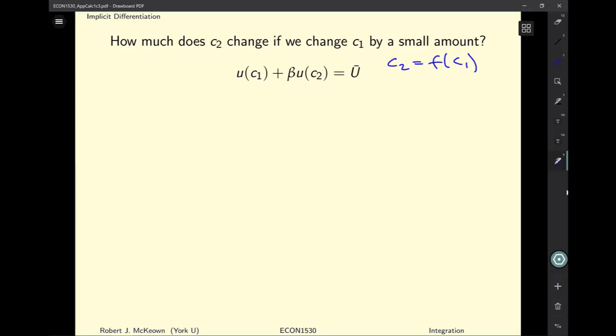If we do that, let me write it out carefully so you understand what I'm doing. We're going to take the derivative of both sides.